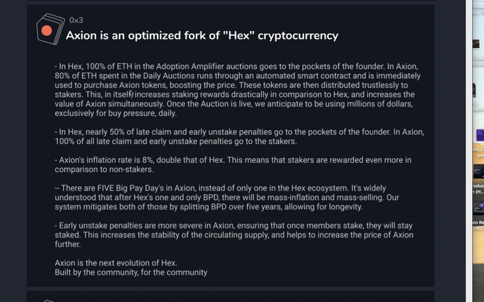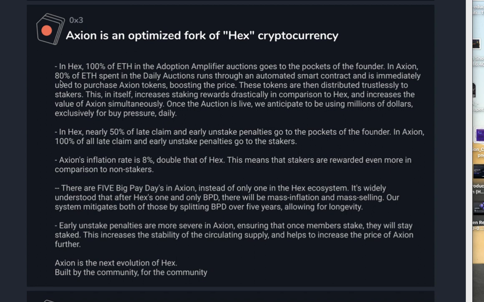So just to give you some background to that. In Hex, 100% of Ethereum in the adoption amplifier, which is an auction, goes to the pockets of the founder. So more correctly, that goes to the origin wallet of Hex. It's speculation that it's the founder, but we'll move on from there.